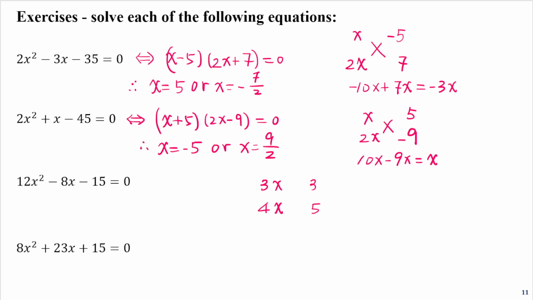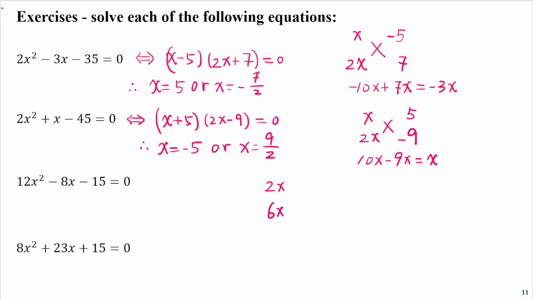Then we have 15, 12, doesn't work. So how about we put 5 here and 3 here. And this is 20 minus 9, still doesn't work, right? So probably we'll factorize 12x squared to 2x by 6x.